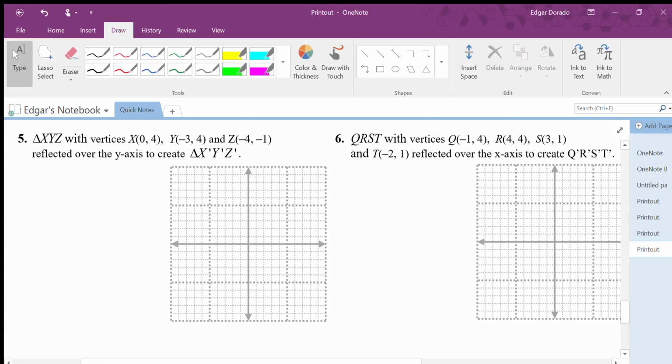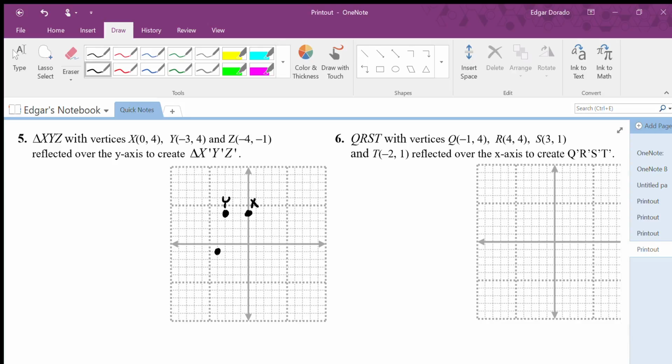It says number 5, triangle XYZ with vertices 0, positive 4. Let me go ahead and graph that. 0, positive 4 is right here. -3, positive 4 is my y. And -4, -1 right there.